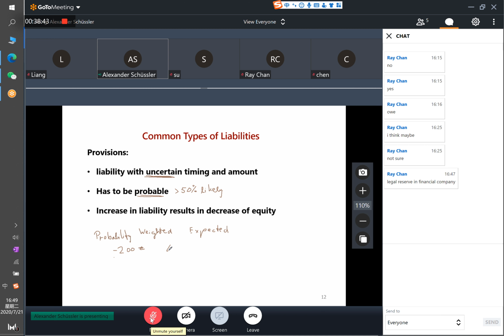But it might also be that the company wins, and therefore our outflow is 0. This probability is 40%. So what is the probability weighted expected value for this legal dispute? Think about this as a tobacco company.